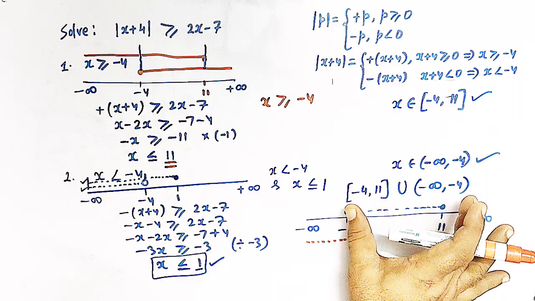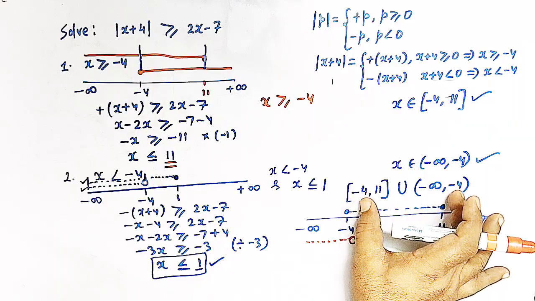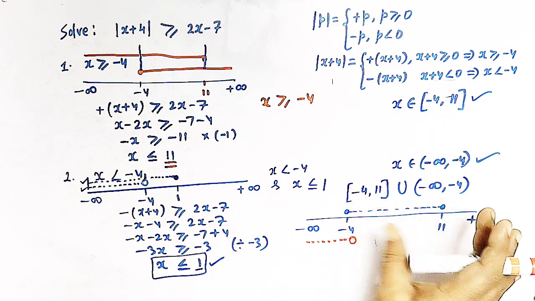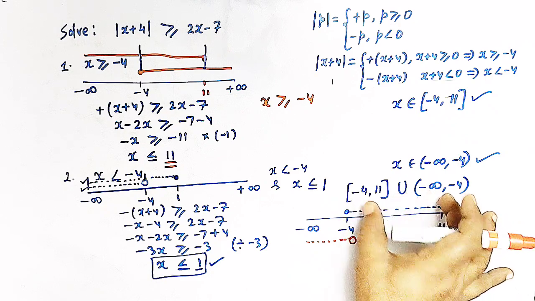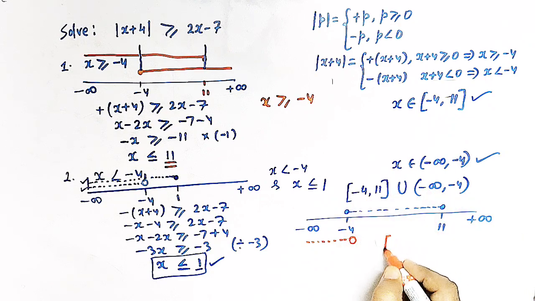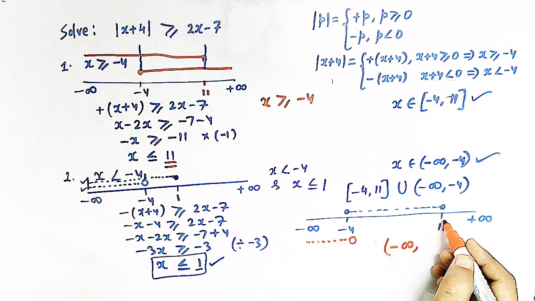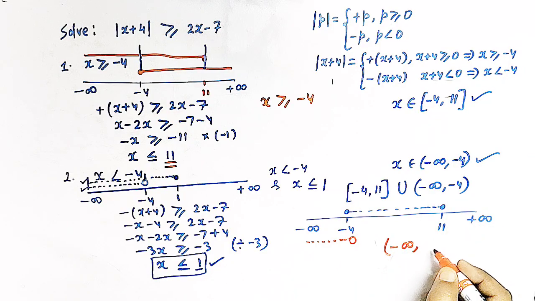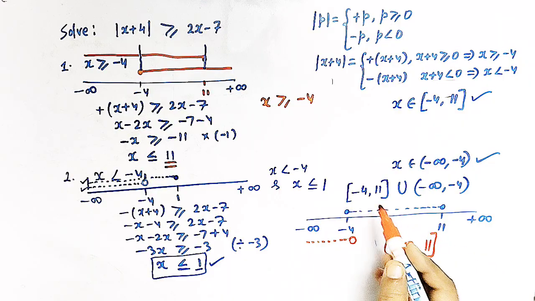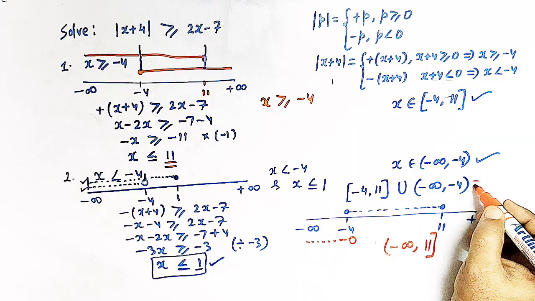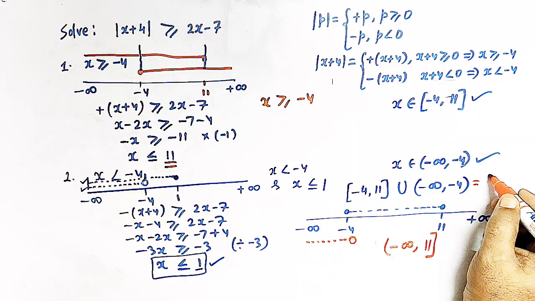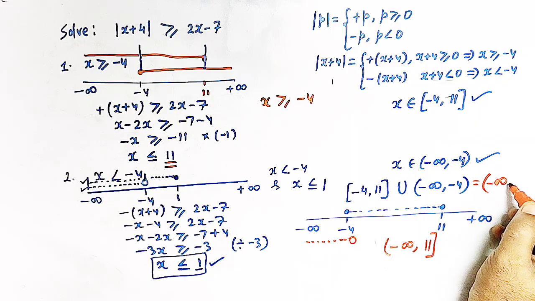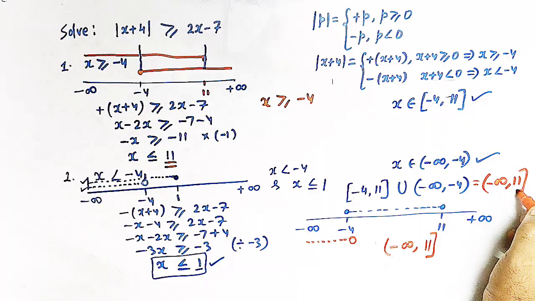So when we combine these two intervals, we can write the union as minus infinity to 11, where the last point is 11, and 11 is included, right?